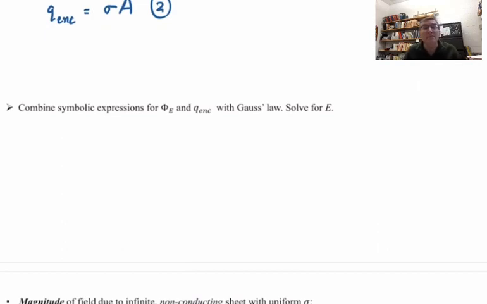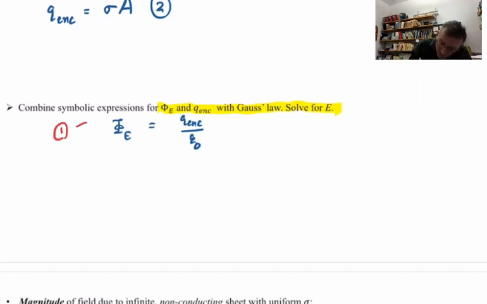Now we combine the symbolic expressions for the electric flux and the Q enclosed with Gauss's law and solve for E. Okay, so here we go. Phi electric equals Q enclosed over epsilon 0. And we substitute equation 1, the symbolic expression for the electric flux, in there, and equation 2, the symbolic expression for Q enclosed, in there.